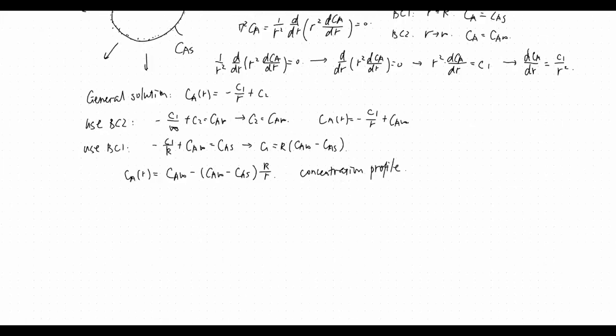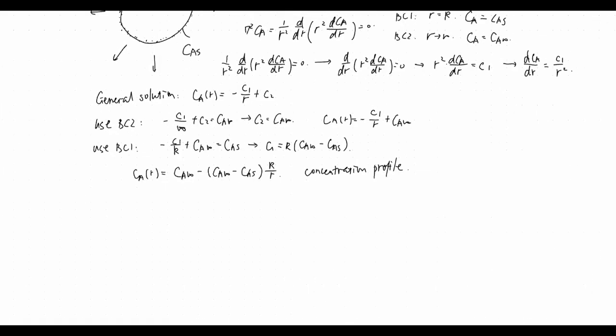For example, you can figure out what's the radial flux. NAr equals minus DAB dCA/dr. Well, what is dCA/dr?